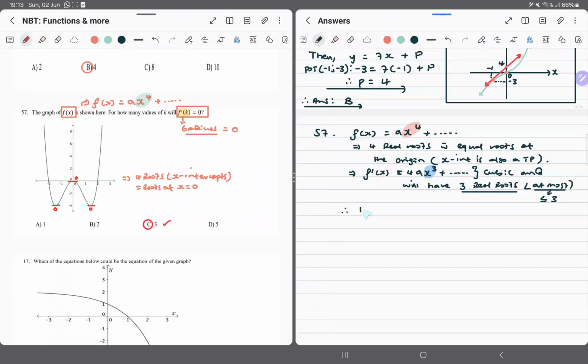So we can say therefore k represents the x-coordinates of the x-intercepts of the first derivative function.